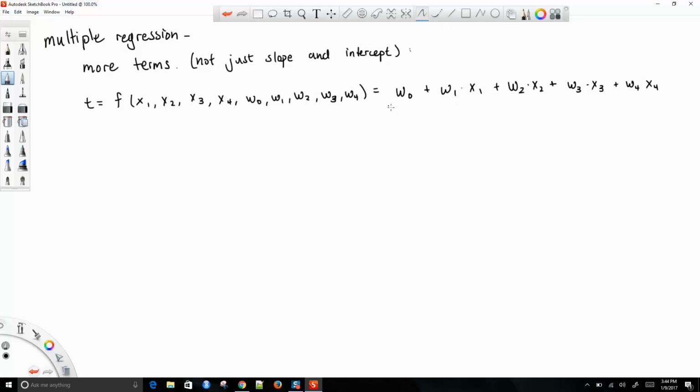And so instead of having to express our terms all written out like this, we can create a W matrix and an X matrix and say we're going to look at the product of our W's and our X's. Okay? So we could say we have a W matrix that consists of W0, W1, W2, W3, and W4. And then we will have an X matrix, okay?